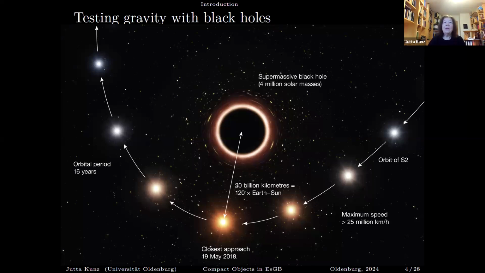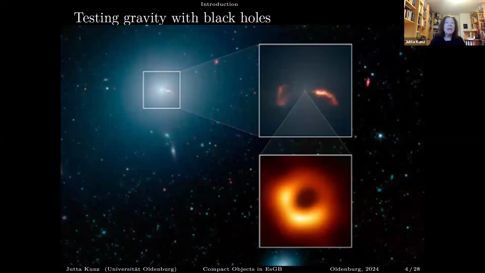So we have very, very precise numbers by now of, let's say, the mass and other quantities of this compact object at the center of our galaxy. And we have the nice pictures from the Event Horizon Telescope, and we're looking forward to the next stage and the developments of getting more precise data from them, which are in the planning phase.